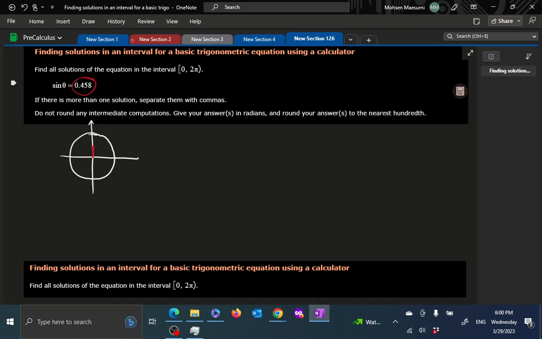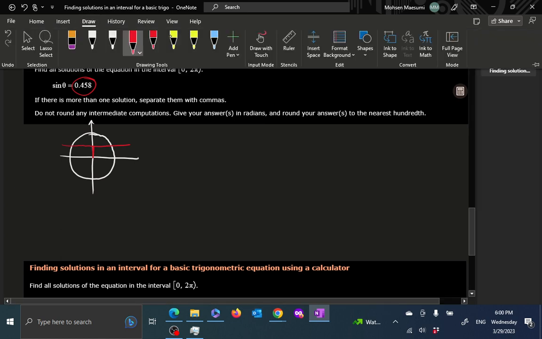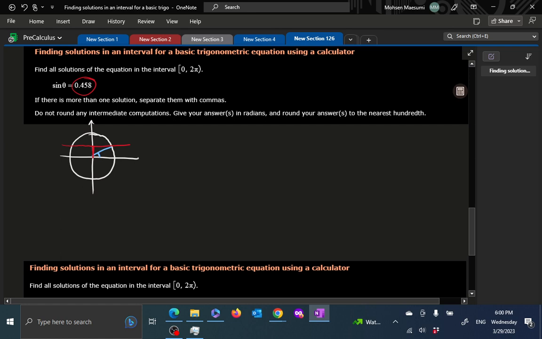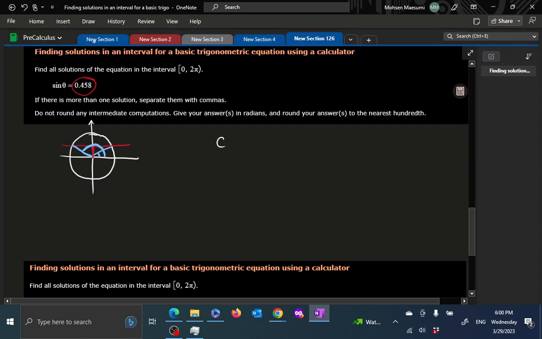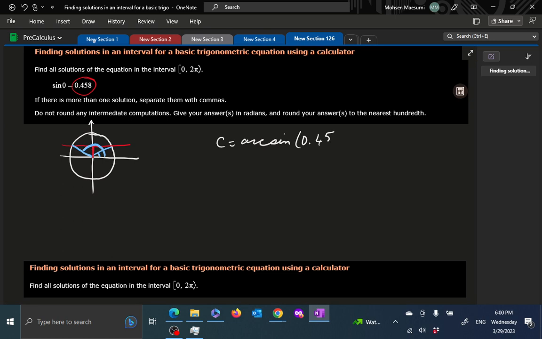We draw a horizontal line. The two angles we are after, one of them is this and the other is that one. Let's calculate arc sine of 0.458.